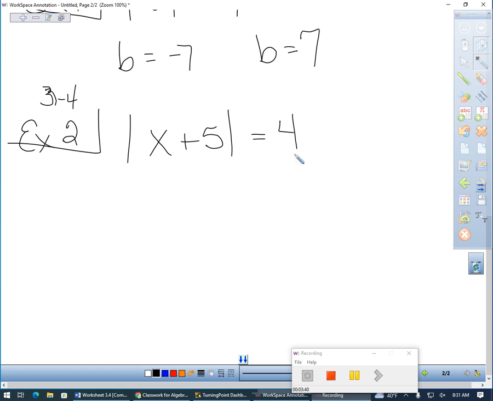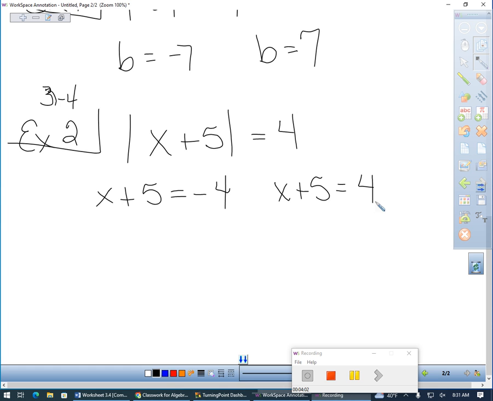So the absolute value itself is all by itself. So we can write 2 equations. The first one, we take what's inside the absolute value, x plus 5, and we set it equal to the negative of our number. The second one is the x plus 5, and we set it equal to the positive of our number.